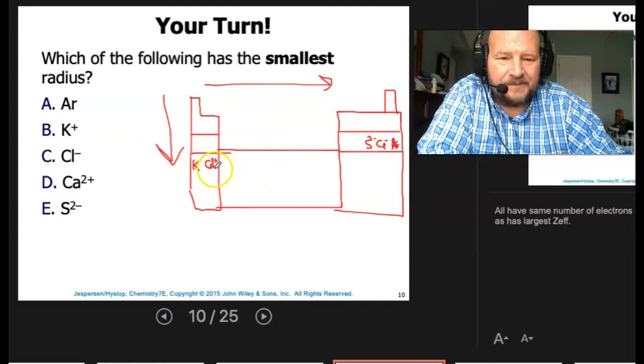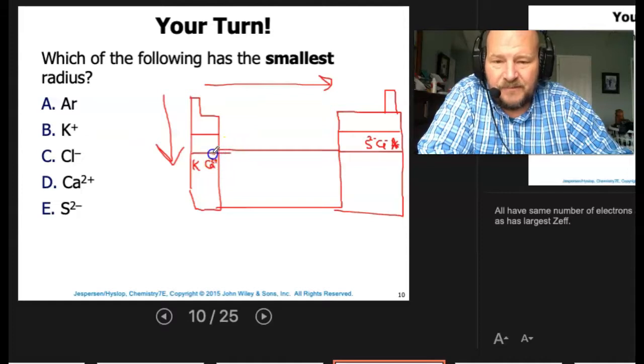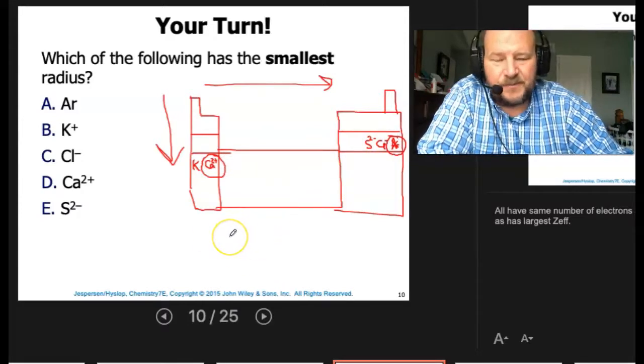And then we have the calcium. Now the calcium is going to decrease by a +2. So now, without having numbers, really, you're down to 50-50, right? Argon or calcium 2 plus. Now remember, it does get smaller as I go this way.